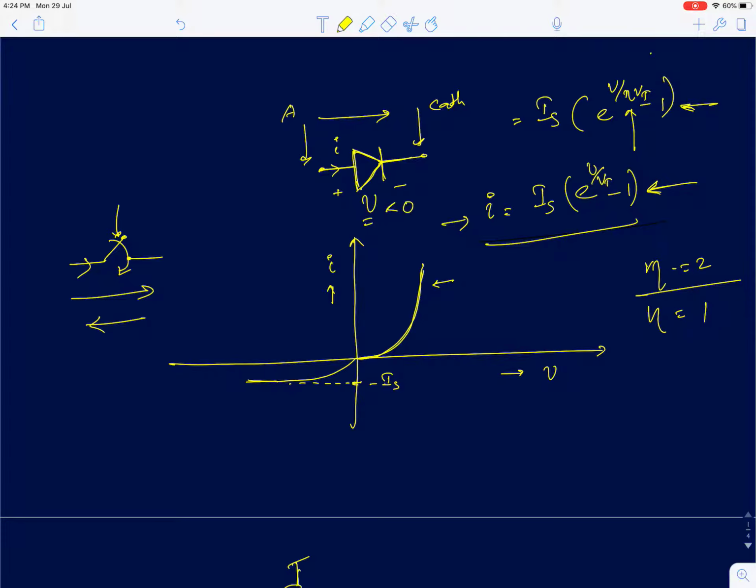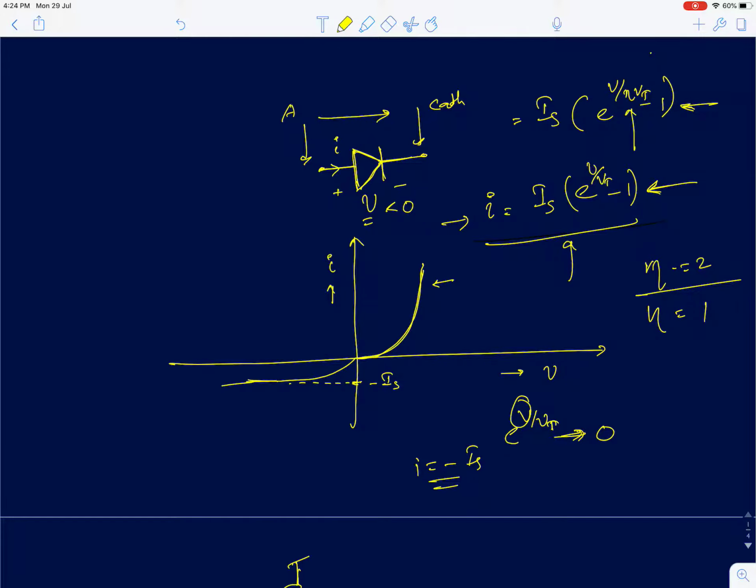Now the other direction: when you apply a negative voltage across the diode, the current ideally should be 0. From this equation we can see that when the voltage is negative, e power v upon vt for negative values of v becomes very small, and eventually goes very close to 0. When this goes to 0, the result for current reduces to minus Is.